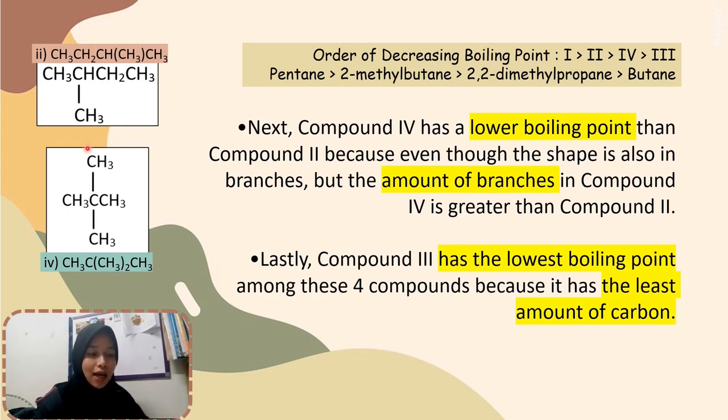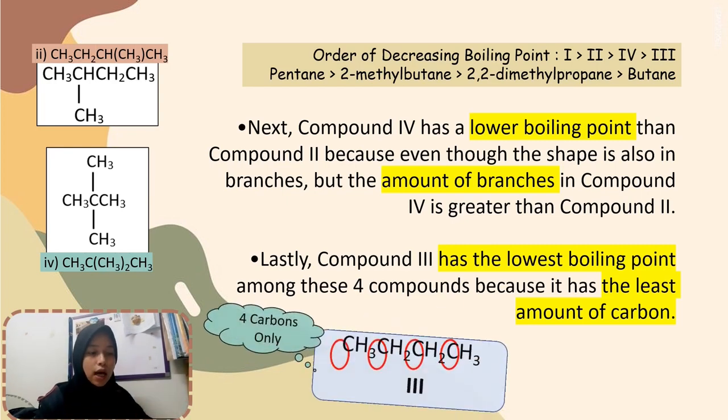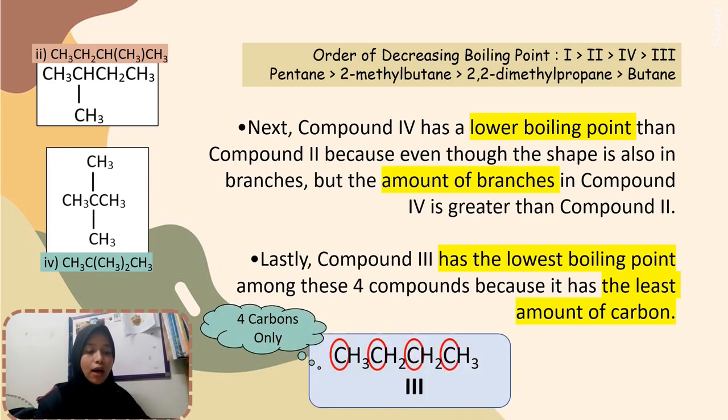So we can see that compound number 4 has a greater amount of branches. So compound number 4 has a shorter length of molecule and smaller contact surface area compared to compound number 2. And lastly, compound number 3 has the lowest boiling point among these 4 compounds because it has the least amount of carbon, which is 4 carbons.